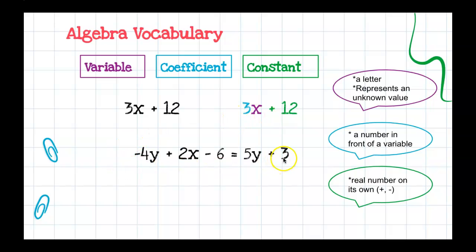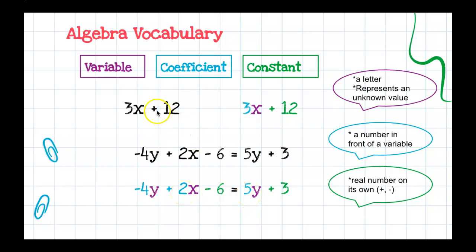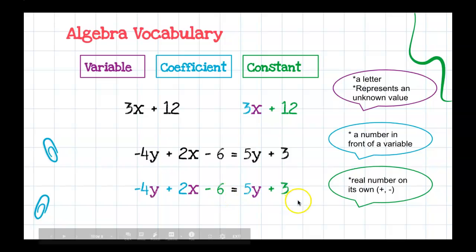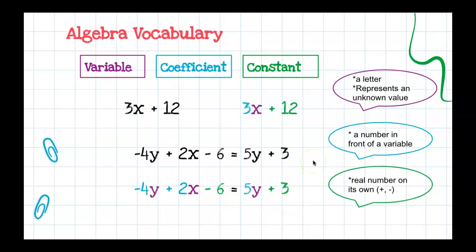This is an equation, and I'm going to color code it once again. The coefficients are -4, +2, and 5. And the variables are x and y, and the constants are -6 and 3. Okay, so I hope that is clear.